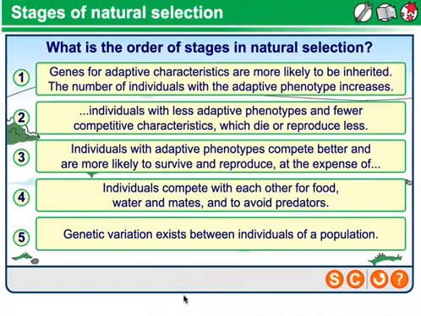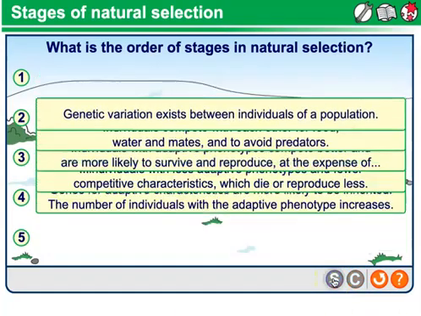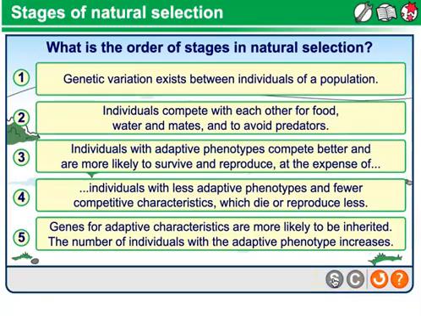All right, so looking at the order of stages in natural selection. Number 1, genetic variation exists between individuals of a population. Number 2, individuals compete with each other for food, water, and mates, and also to avoid predators.